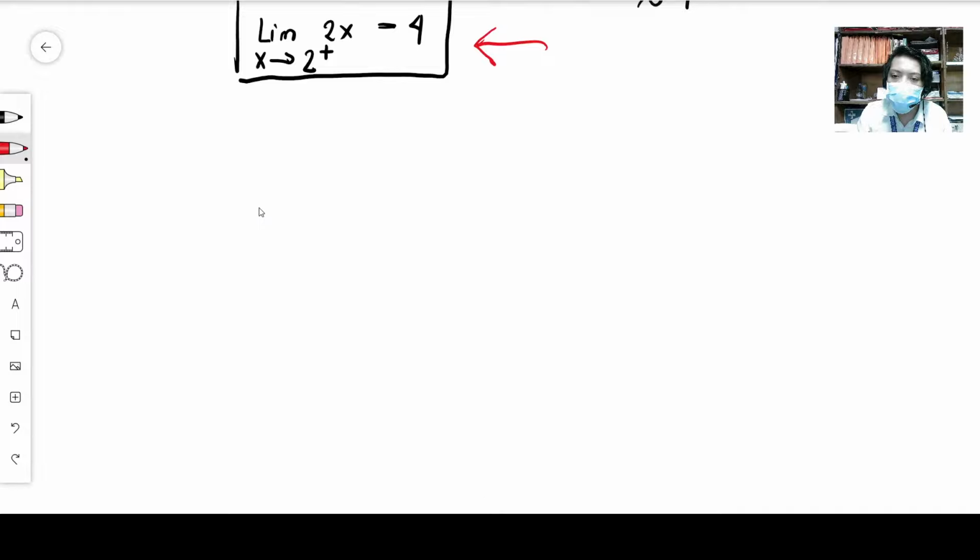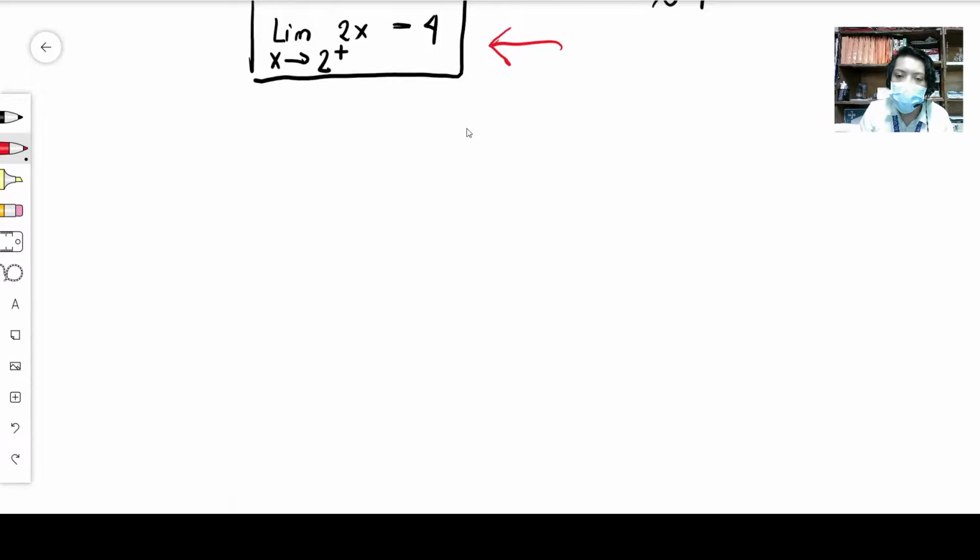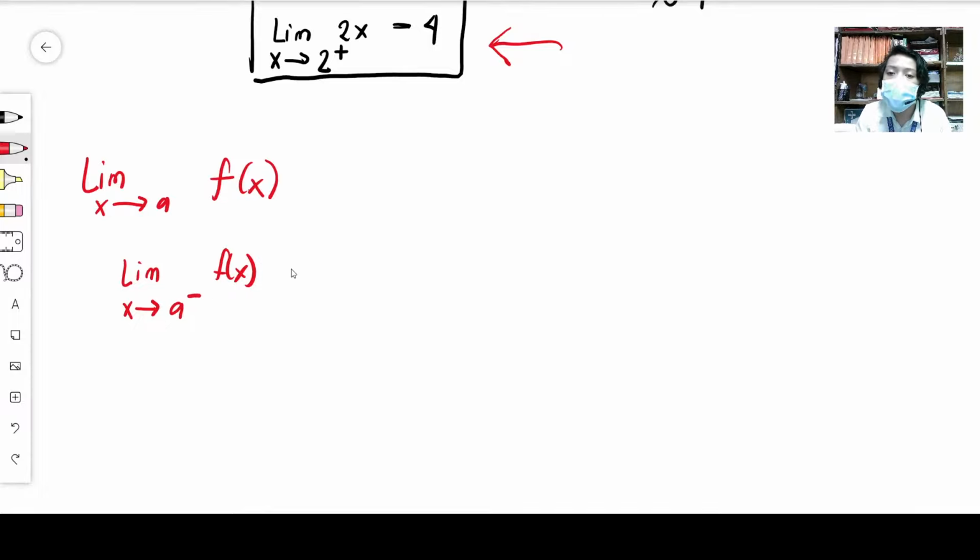For example, if you have a function f of x, and you are trying to find the limit of that function as x approaches a certain number, the limit of this function exists if and only if the limit of that function as x approaches a coming from the left of a is equal to the limit of that function as x approaches a coming from the right.